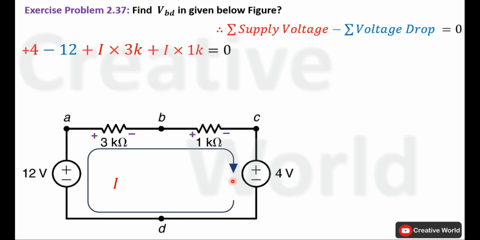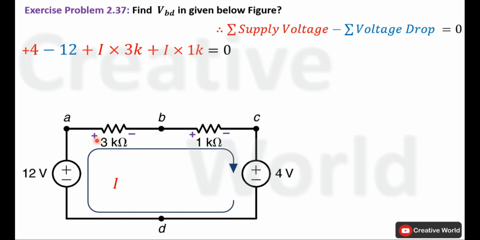Start from 4 volt. Current entering terminal is positive, so 4 volt will be taken with positive sign. Move to the next element. Current entering terminal of this voltage source is negative, so voltage across this voltage source will be taken with minus sign, minus 12 volt. Move to next element.